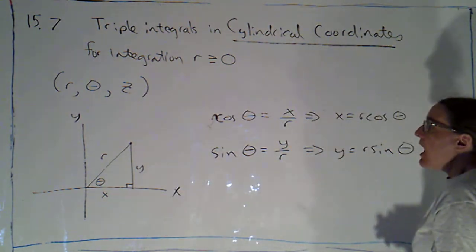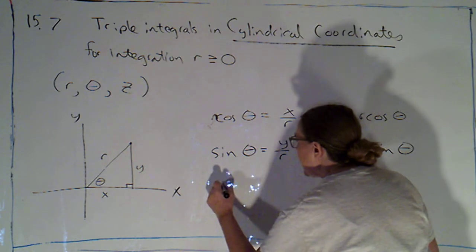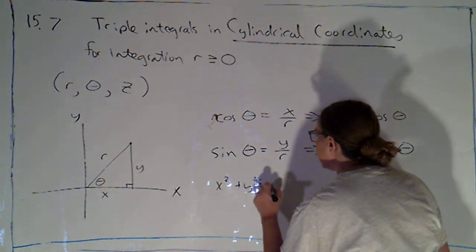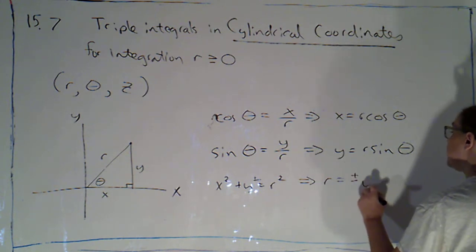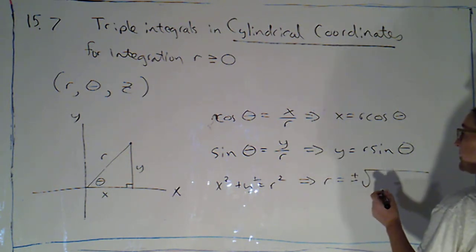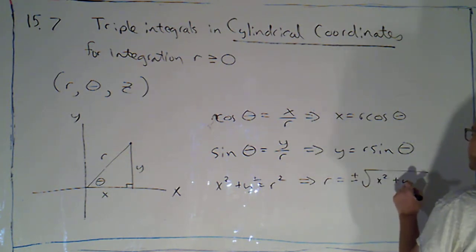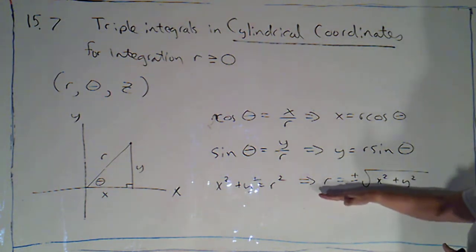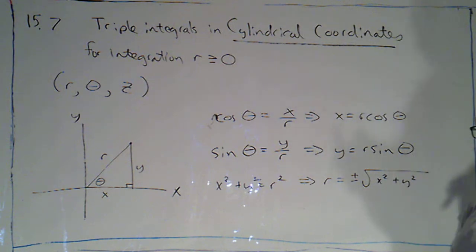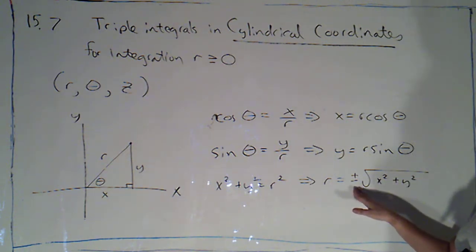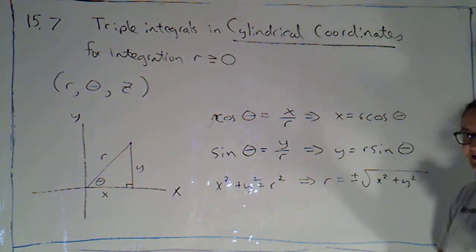Of course, going the other way, I've got that x squared plus y squared equals r squared. That's going to imply that r is one of two things, either the positive or negative square root of x squared plus y squared. If I'm just using cylindrical coordinates to describe a point, I could choose either one as long as I chose a theta value that was consistent with that.